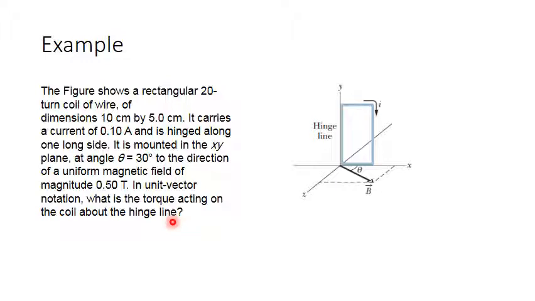Now, if you remember the rule that we have mentioned, the torque as a vector quantity equals mu as a vector quantity cross B. So if we represent B as a vector and mu as a vector and obtain the cross product between them, we can obtain the torque. Okay, let us do that.